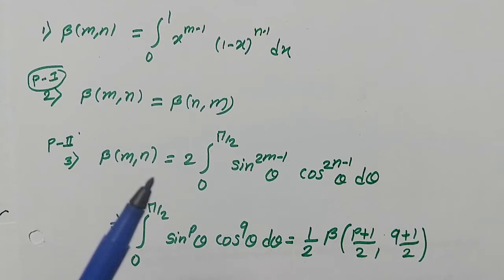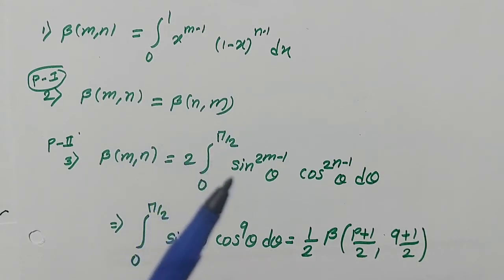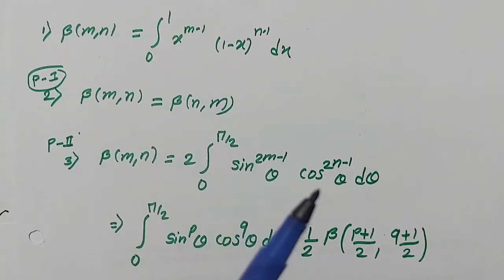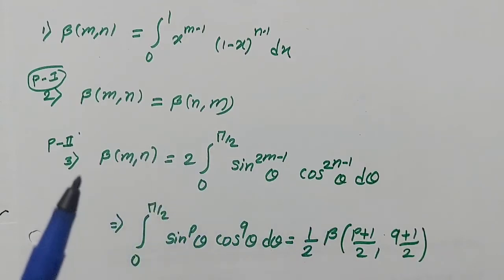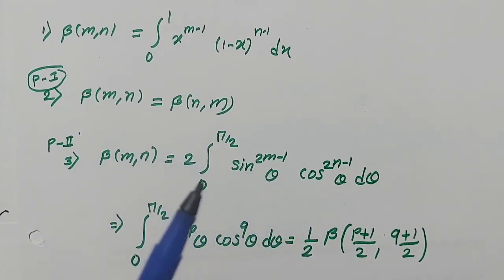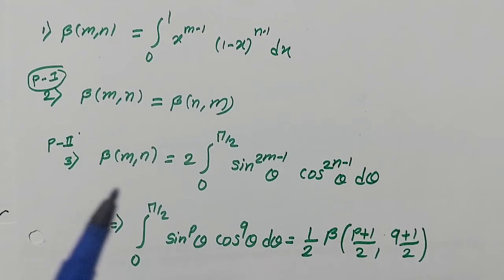The second property of beta function is beta of m comma n is equal to twice integral 0 to pi by 2 sin raised to the power 2m minus 1 theta into cos raised to the power 2n minus 1 theta d theta. Now see here, if we are given any integral containing trigonometric functions with limit 0 to pi by 2, then we can use this property to solve the integration.